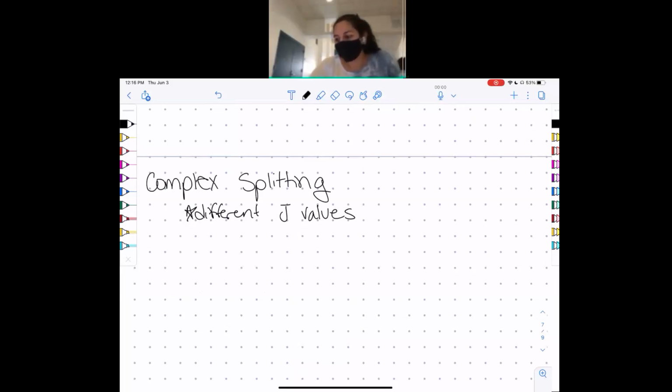So, guys, what are we going to look out for to see if we have different J values? This is new material. We've never talked about it before. Hybridization, yes. Okay, and the other one is two different neighbors, yes, but something else.